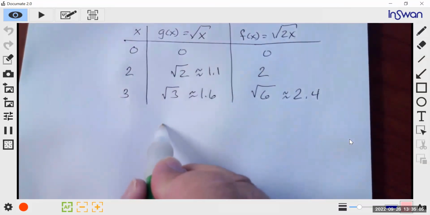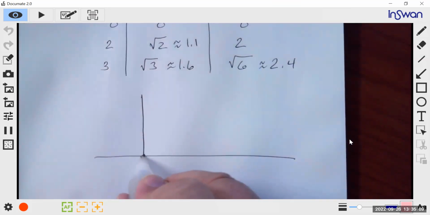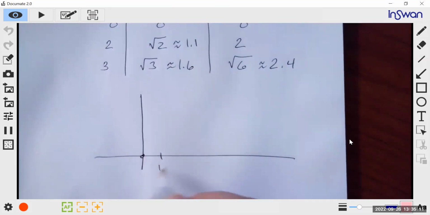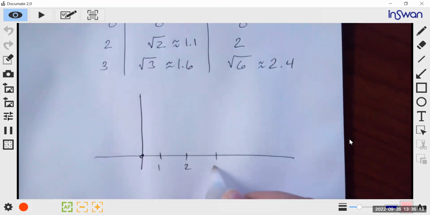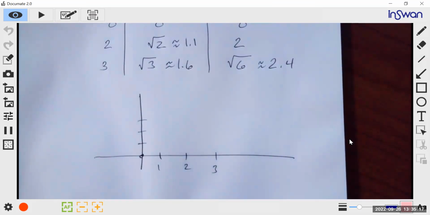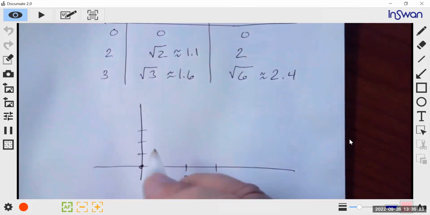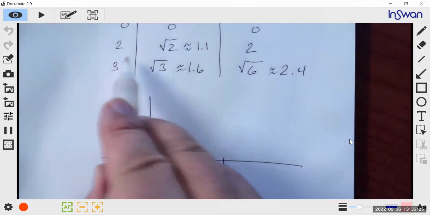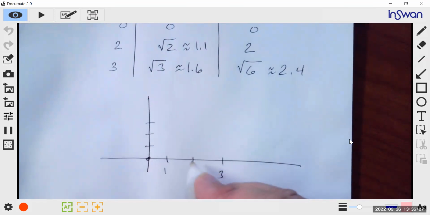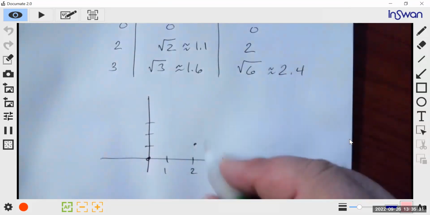So let's look at what's happening here. 1, 2, 3. When x is 0, it is 0. At 2, square root of 2 is 1.1, as opposed to this one.